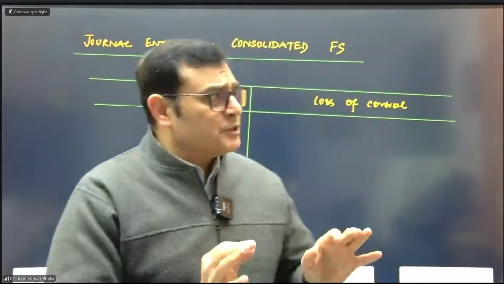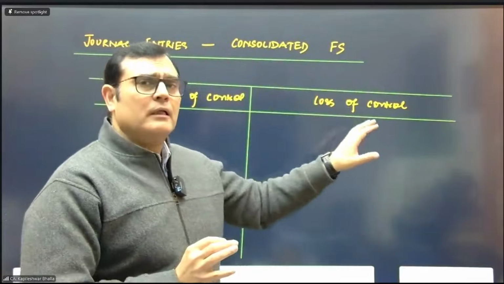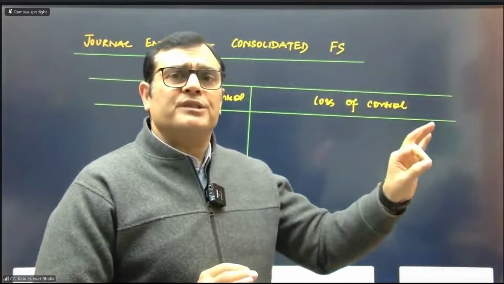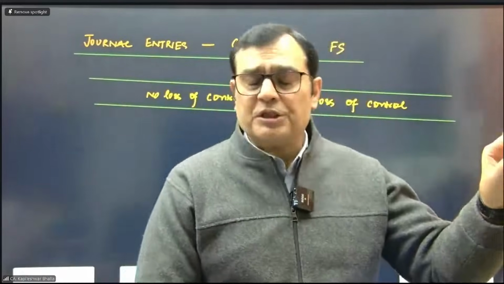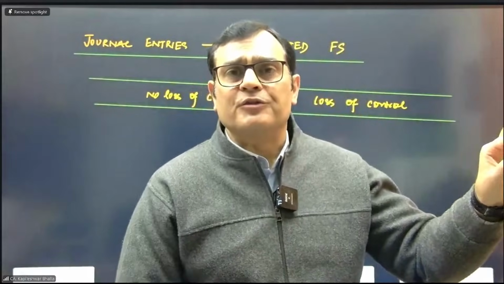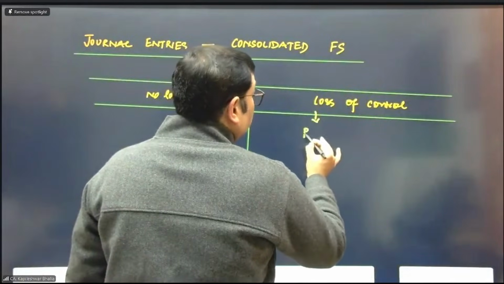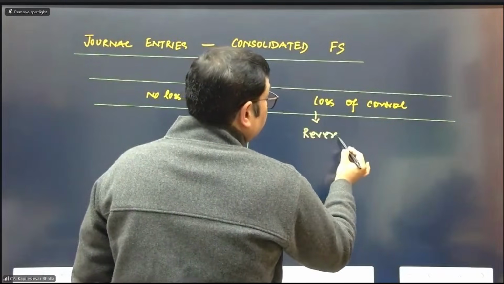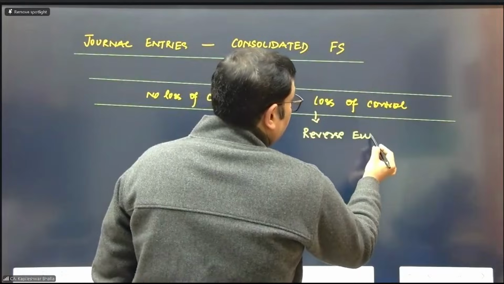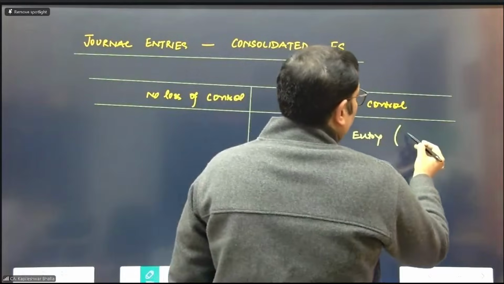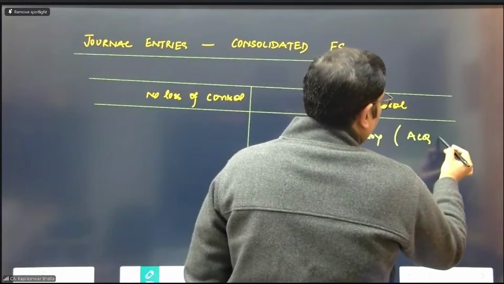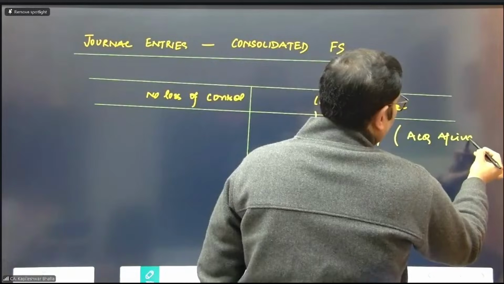Which means in a situation where the control is gone, I will simply reverse the acquisition entry which I did in Ind AS 103. So trust me, in this case, I will put a reverse entry, the reverse of what we did in acquisition accounting as per 103.